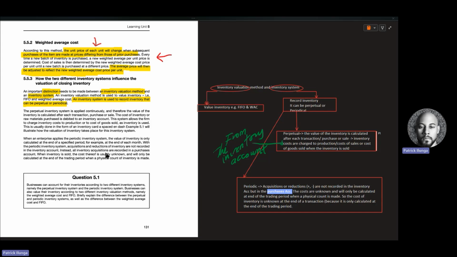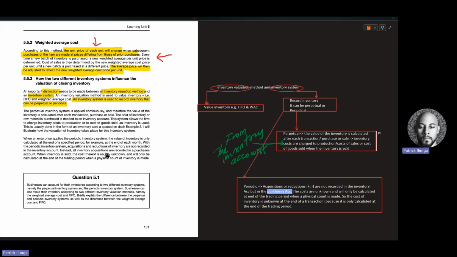Once an item is purchased, inventory is purchased or acquired, whatever verb you want to use, as soon as it comes in, we have to record that inventory under an inventory account, and that inventory account is on your balance sheet under your current assets.